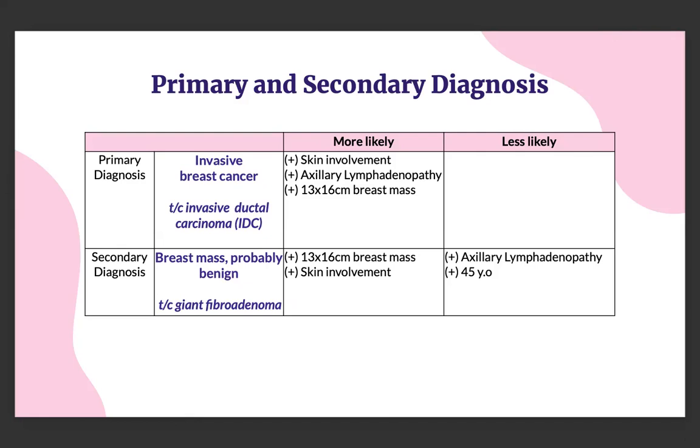And then when we look at the case, the breast mass was already big. Her first measurement was already 13/16 in her first consult back in September. And then there's also the skin involvement and the ulcerative lesion. So I was trying to look for a benign breast mass that could present as this, so that's why we consider the giant fibroadenoma.